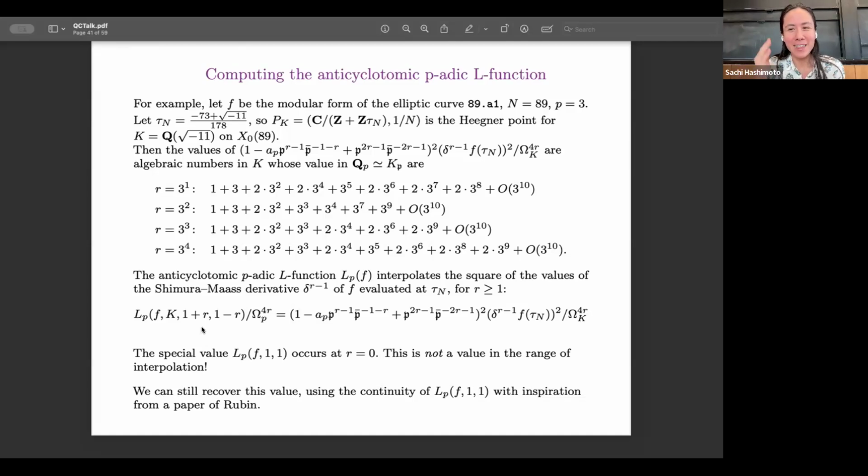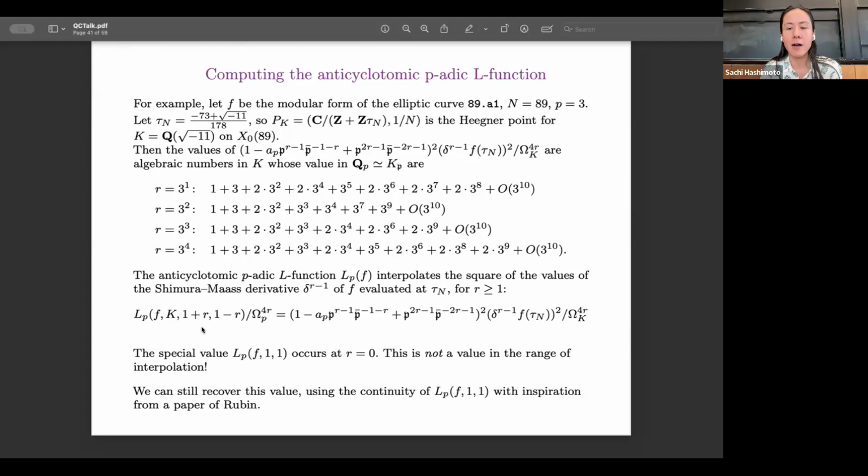So that's maybe the hardest part of this whole thing, is that the special value is not in the range of interpolation. So I can't just take a bunch of classical things to approximate the special value. I have to find a way to get this special value that isn't approximated by classical things in a direct way. However, there's hope, we can still recover this value.